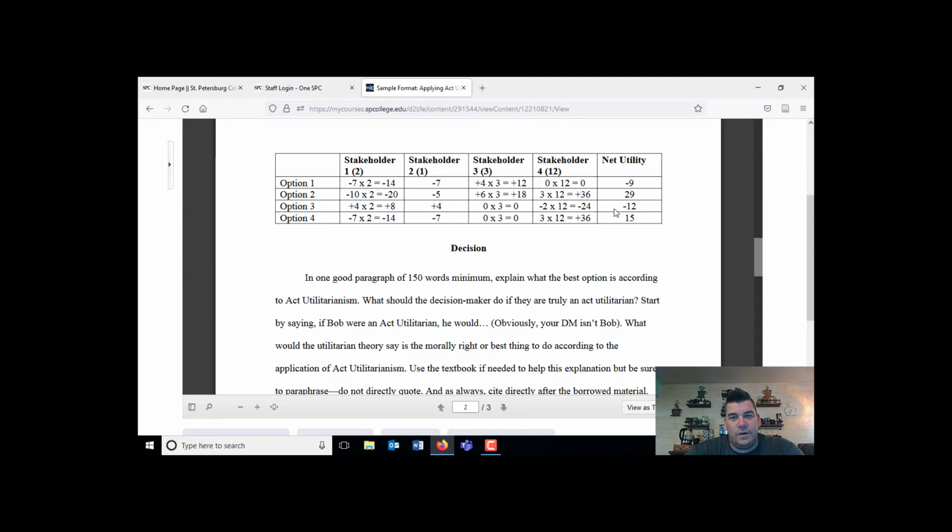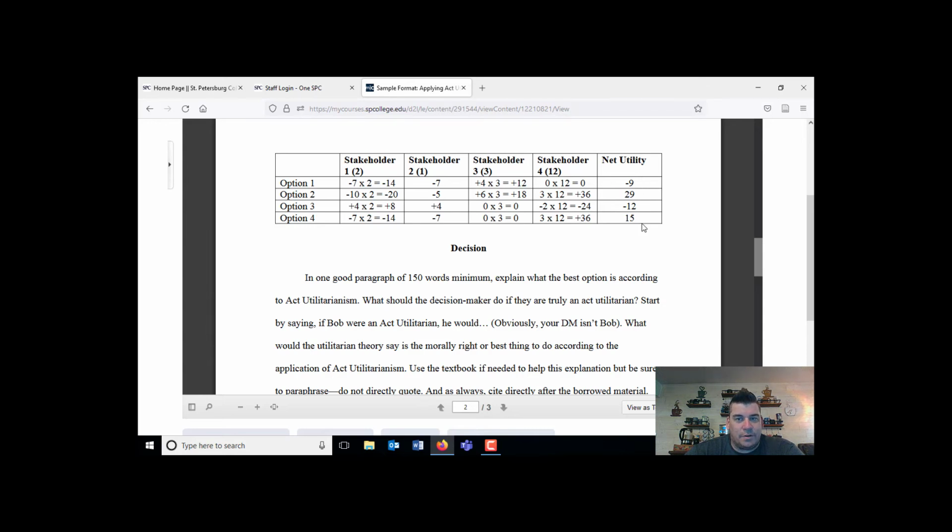Because then what you're going to do at the end, you're going to calculate the net utility for each option, and this goes across, right? So we have -14, -7, +12, and 0, which comes out to a -9. And then the other one's 29, -12, and 15.